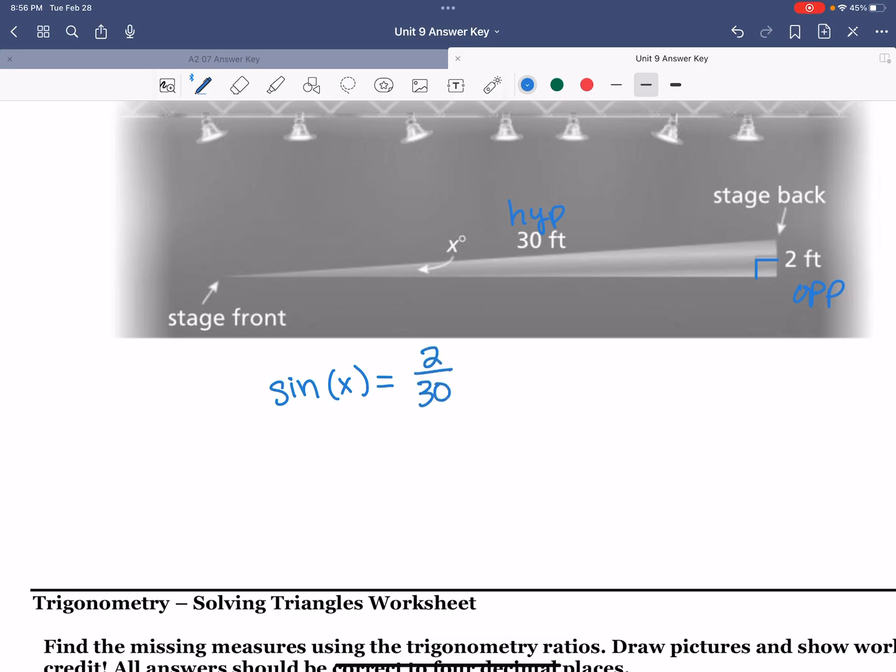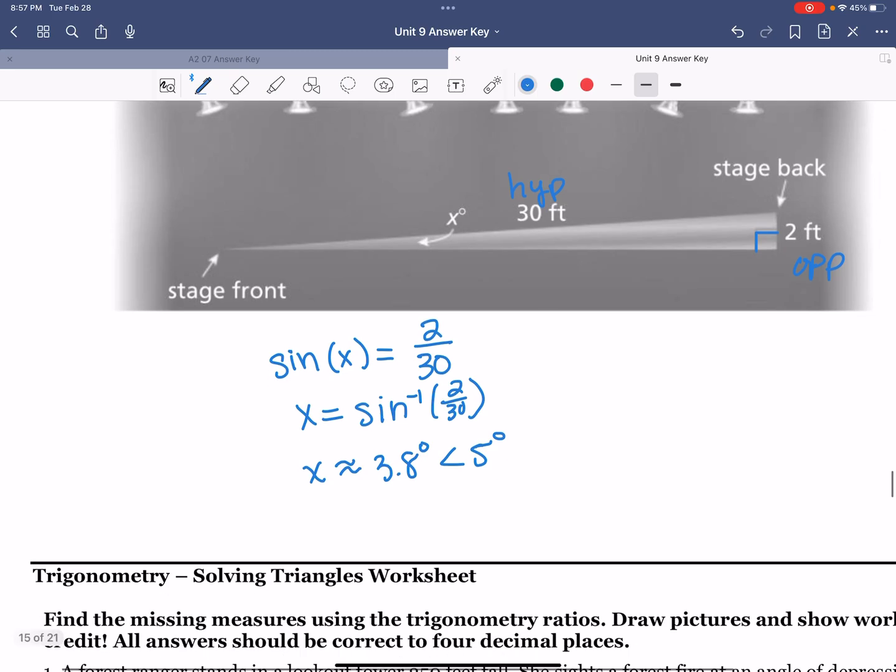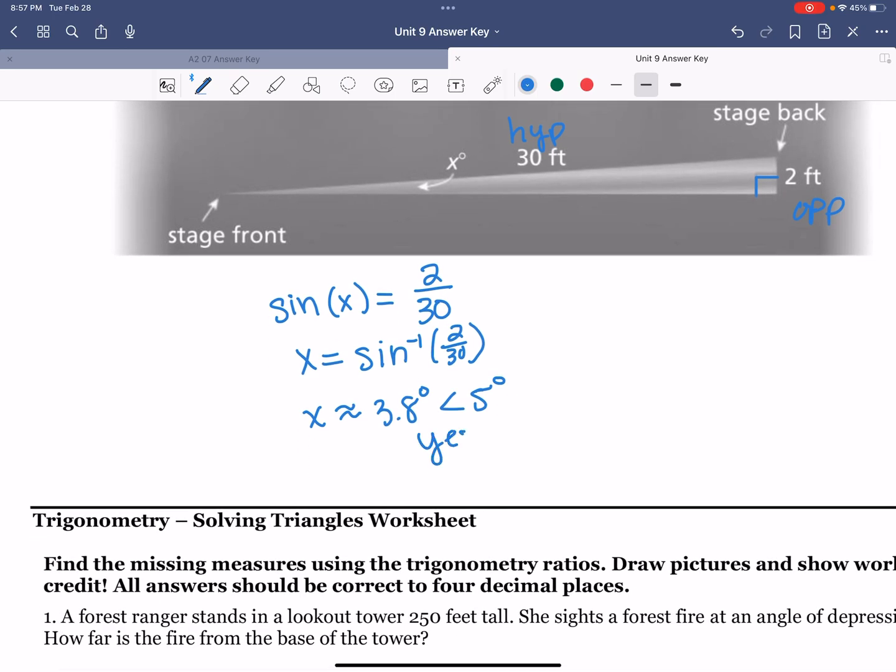Remember, if we want to find an angle measure, we use our inverse trig function. So in this case, we're going to do inverse sine of 2 over 30, or 1 over 15. And so we're going to say x is going to equal just about 3.8 degrees. That is less than 5 degrees, so we can officially say, yes, it works.